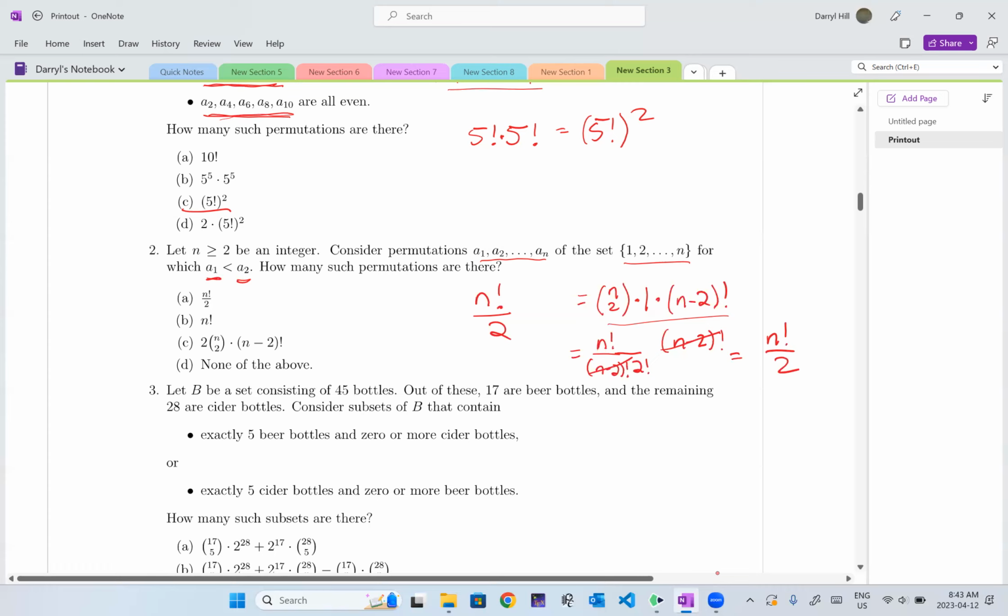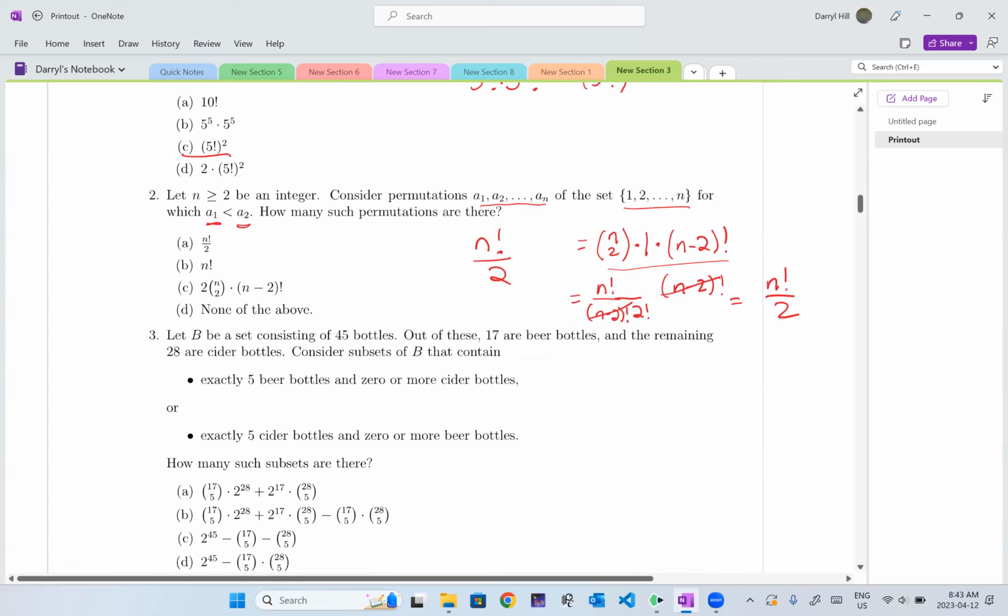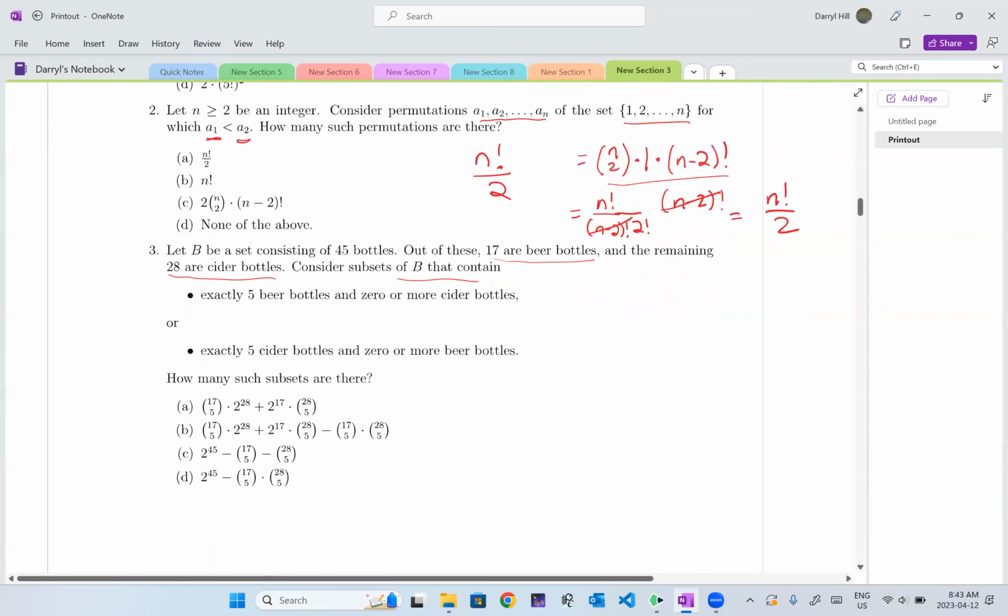Okay. Let B be a set consisting of 45 bottles, 17 beer bottles and 28 cider bottles. Count the subsets of B that contain exactly 5 beer bottles and 0 or more cider bottles, or 5 cider bottles and 0 or more beer bottles.